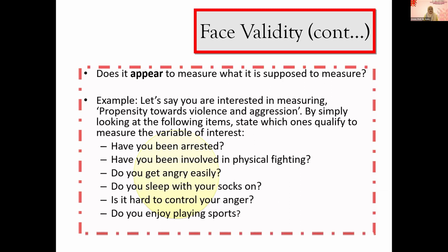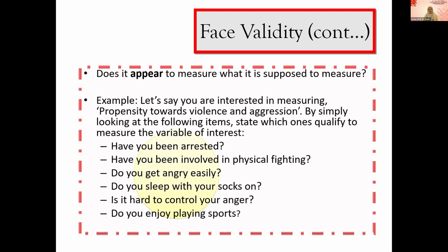Okay, so let's say you are interested in measuring propensity towards violence and aggression by simply looking at the following items. State which ones qualify to measure the variable of interest. Okay, so you have to make sure they understand. Okay, have you been arrested? Have you been involved in physical fighting? Do you get angry easily?